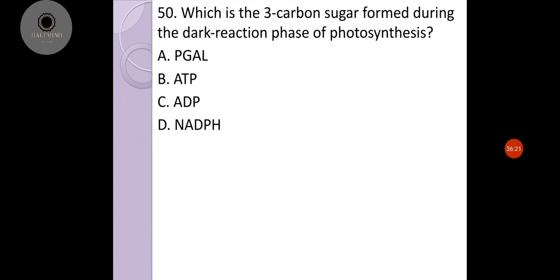Number 50. Which is the 3-carbon sugar formed during the dark reaction phase of photosynthesis? A. PGAL, B. ATP, C. ADP, and D. NADPH. So in our choices, isa lang yung nagko-contain ng 3-carbon sugar.